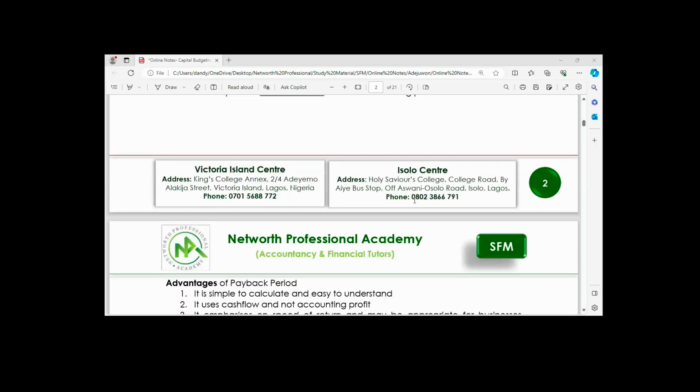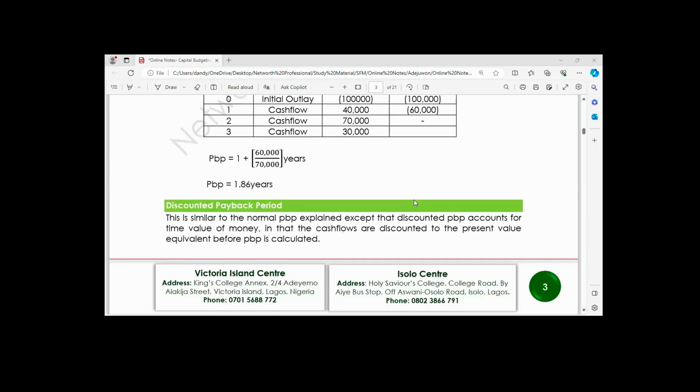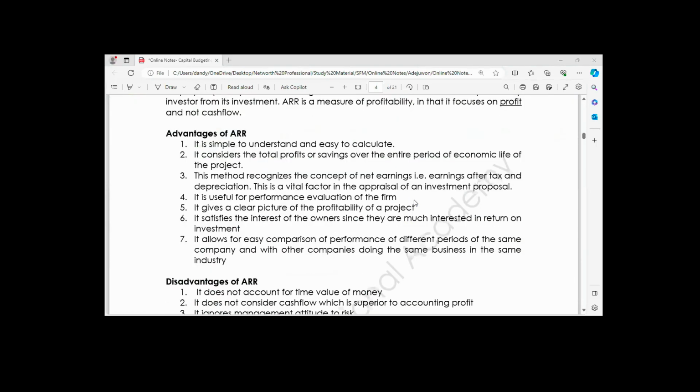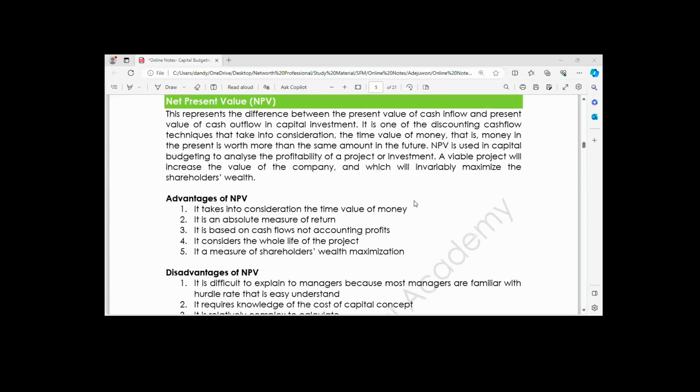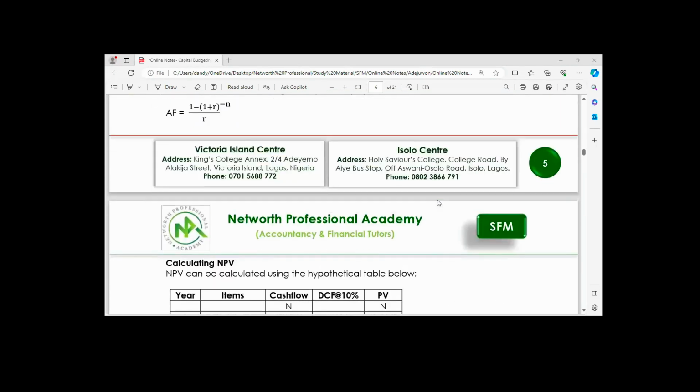But specifically, we can use a formula to calculate our NPV. You don't have the formula in the material, but let me demonstrate for you.